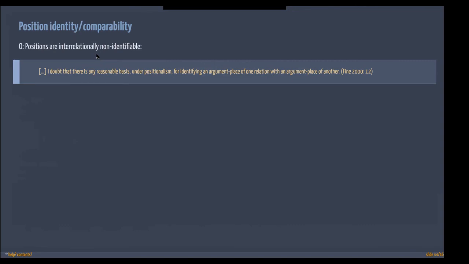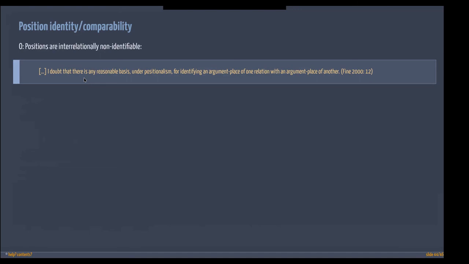And we want to block that, and that could be a motivation for holding such a view. What I would reply to this would be to say, well, I don't see how converse relations could come up in the positionalist framework in the first place. So I don't see why we should block them, because it makes a lot of sense to compare positions interrelationally.